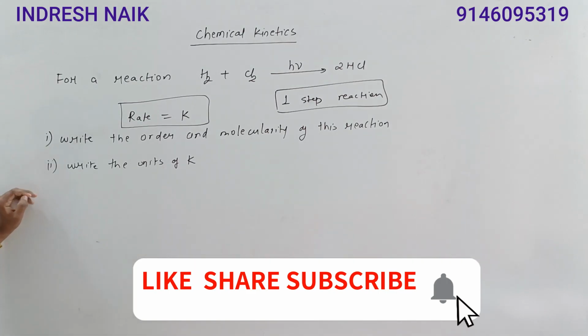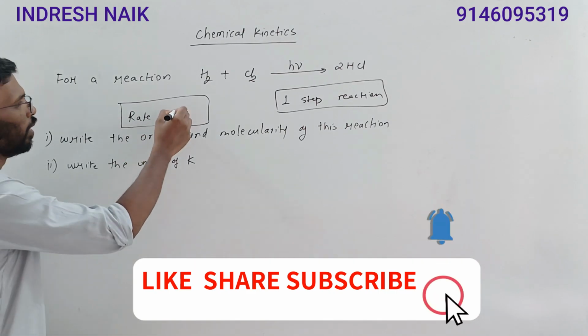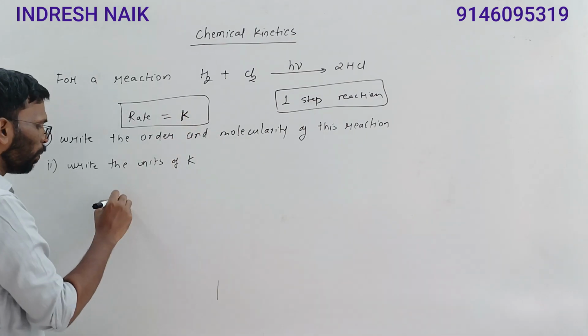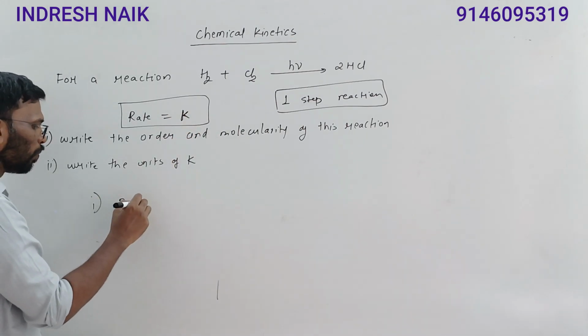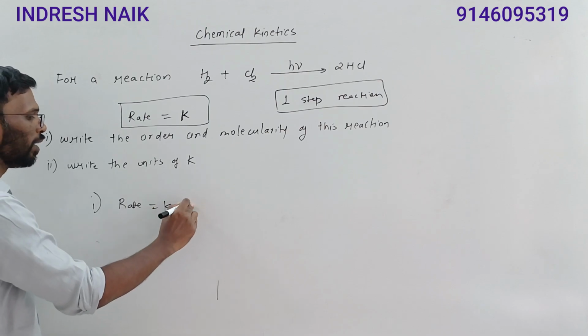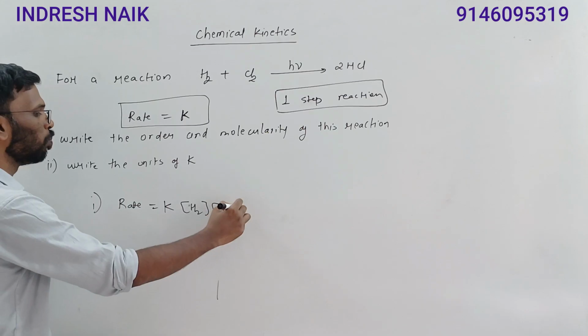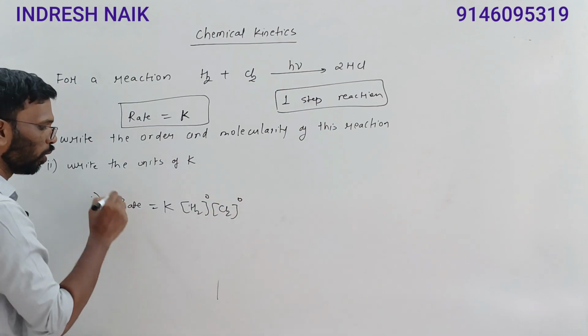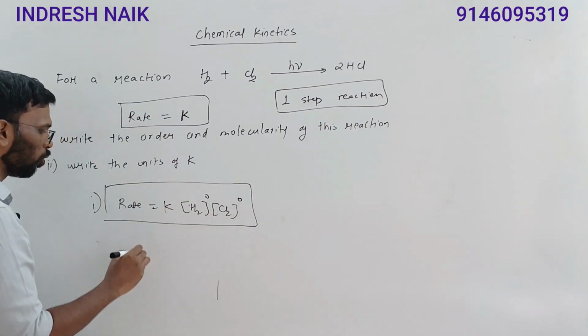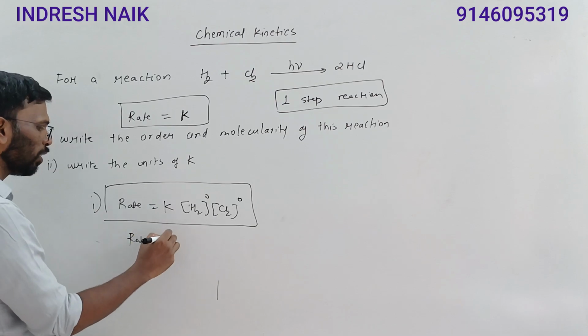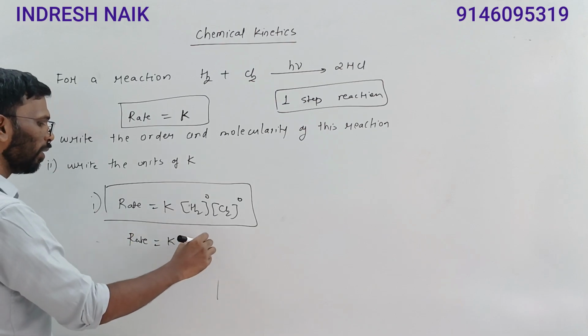The question is the order of the reaction. They have written the rate law as rate is equal to just K, which means the concentrations of the reactants, H2 and Cl2, are both raised to 0. This is the actual rate law. Anything raised to 0 is what? 1, and this is also 1.